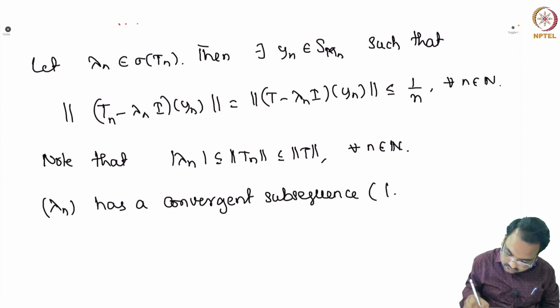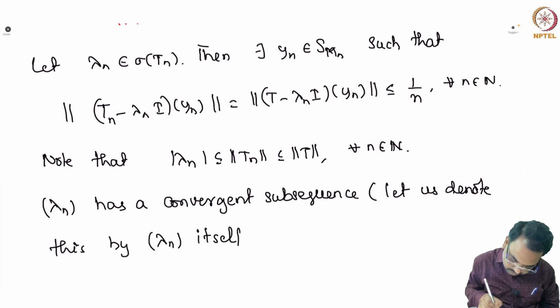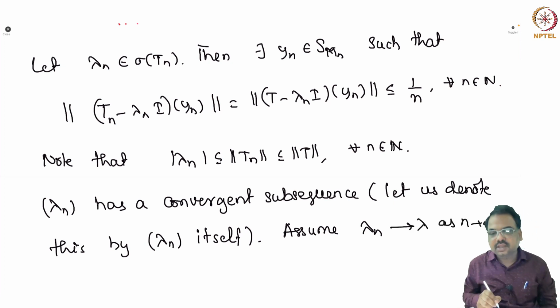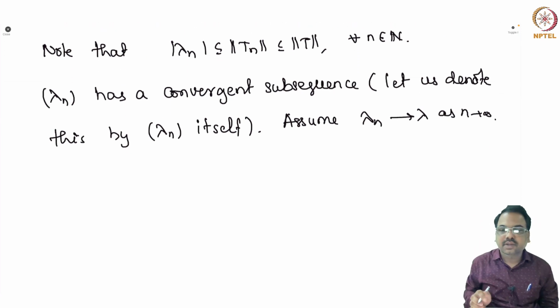Let us denote this by the same sequence for notational convenience. So let us say lambda_n converges to lambda as n tends to infinity. Let lambda be the limit of the convergent subsequence.